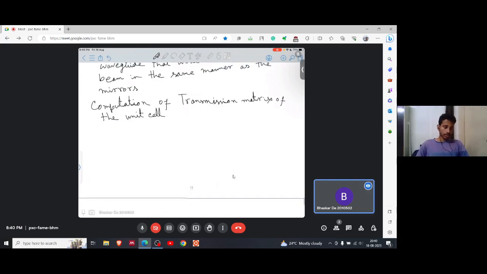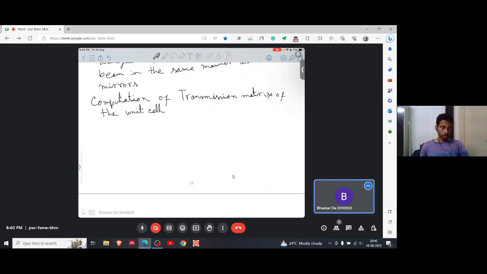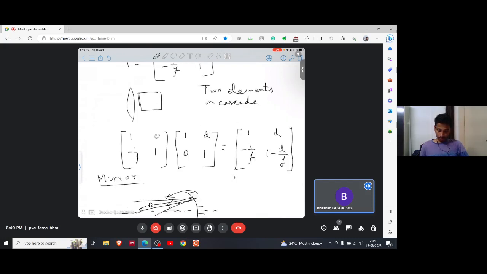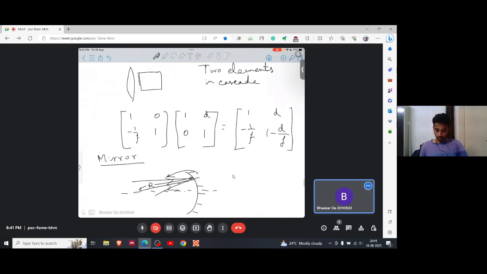So here I will just write first, considering the focal length of the lens. So this is the first one. Here it is first the distance, then the length, then distance, then length. So I'll just write from here.